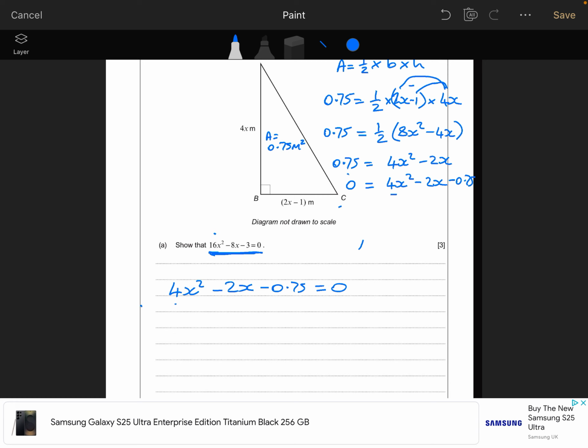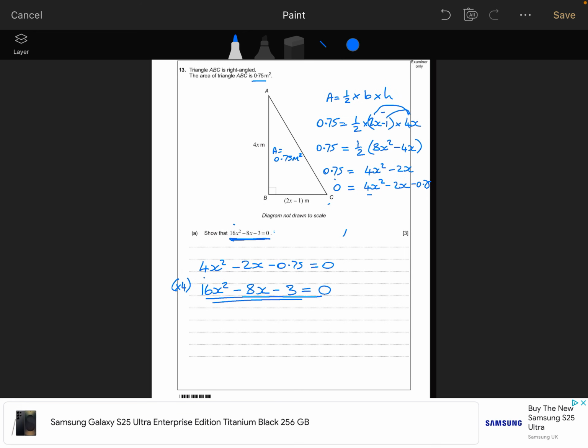So if I times all of the thing by 4, I get 16x squared. 2 times 4 is 8x, and then 4 times 0.75. That 2 times 0.75 is 1.5, so 4 times it will be 3, which equals 0, and that is the same as we've got here. Okay, so 3 marks for that one.